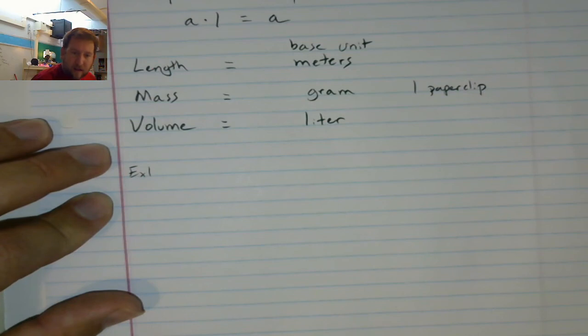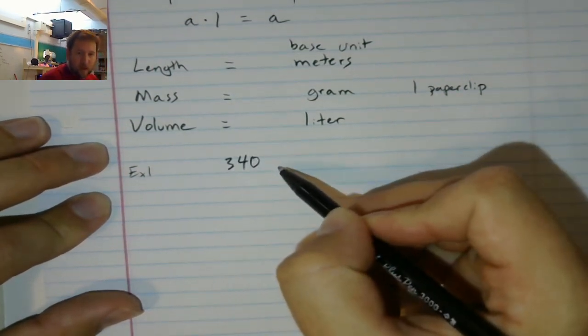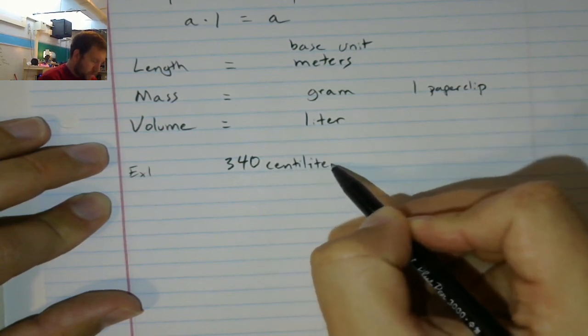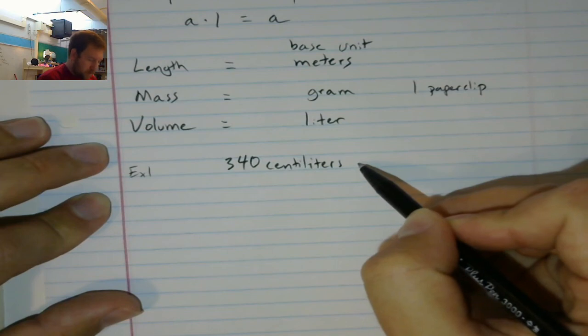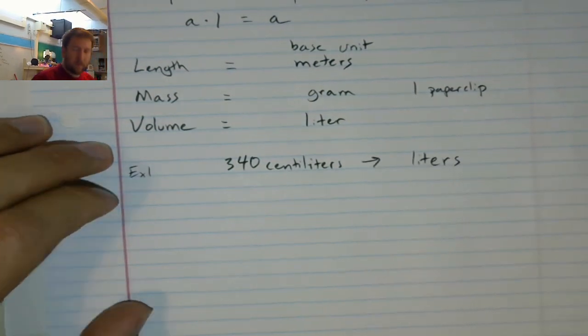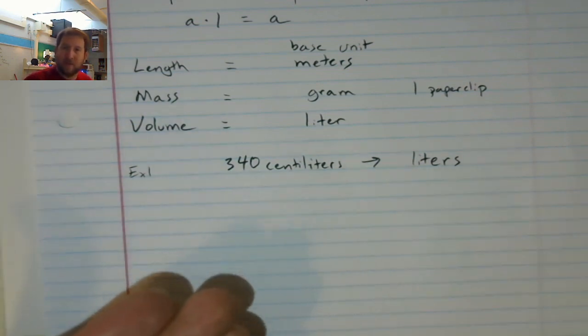And it says we're going to take 340 centiliters and we're going to go to liters. So my first question should be, what's a centiliter and why am I using it right here, and how does that match up to a liter?